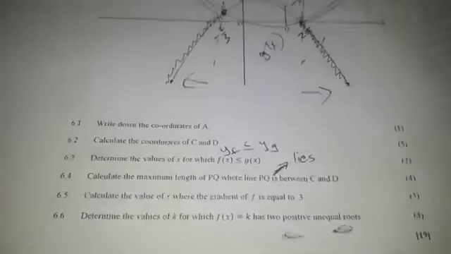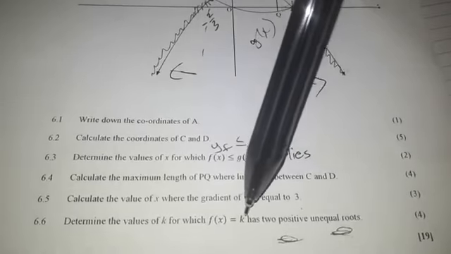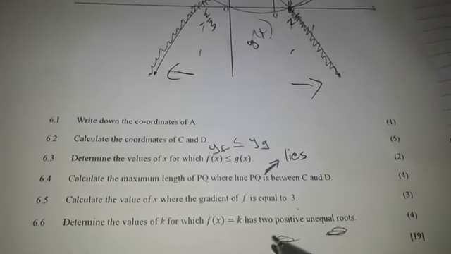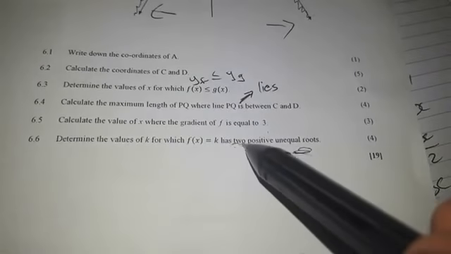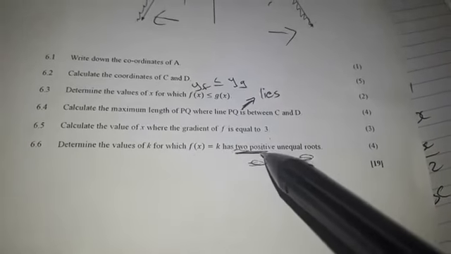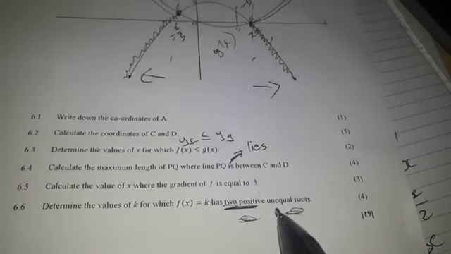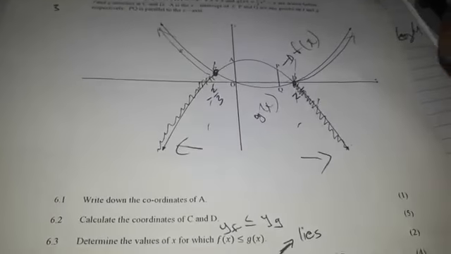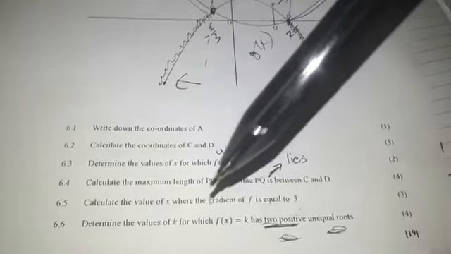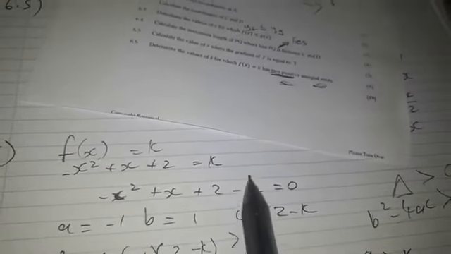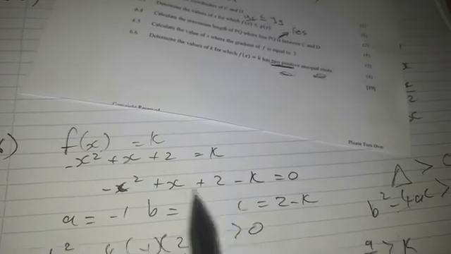The key thing here is they want us to get values for k for which this has two positive unequal roots. So this will give us unequal roots. However, we need to take into account where our equation is going to result in two positive roots. Firstly, if you look at where k is, k has the effect of moving the graph of f down.